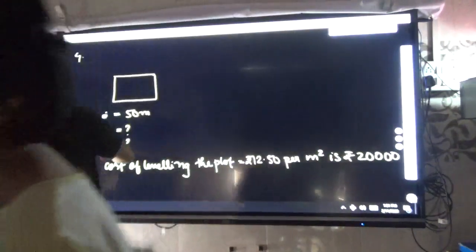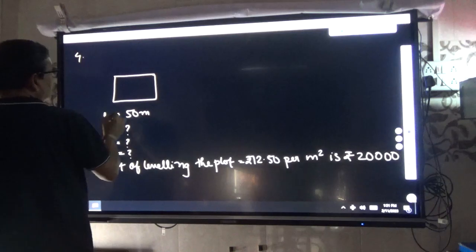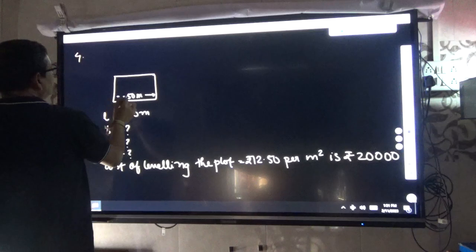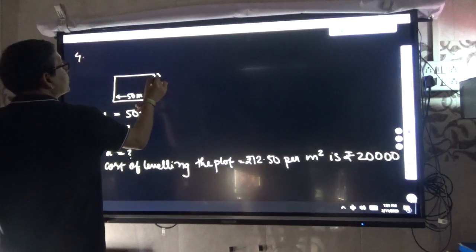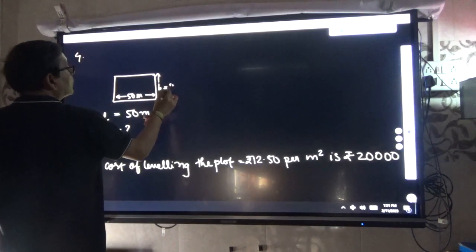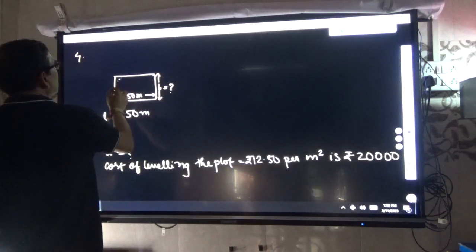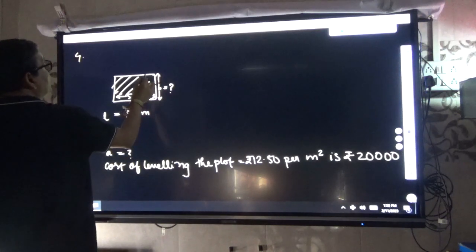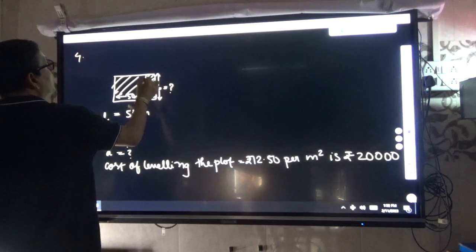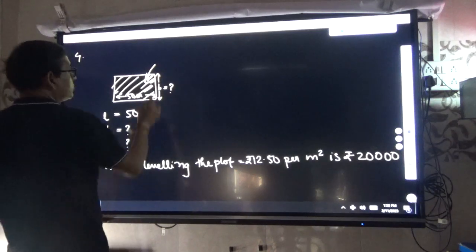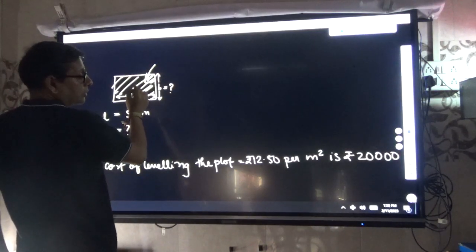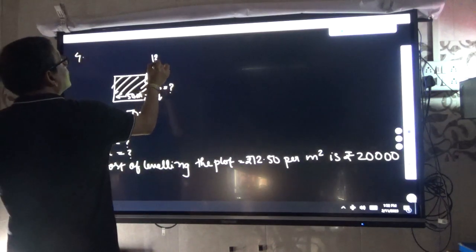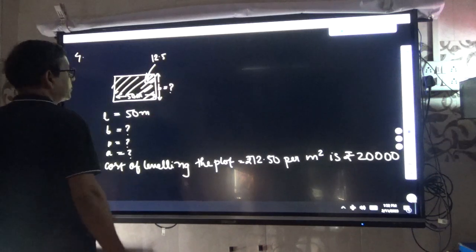So this is the length of this plot. It is 50 meters. This we want to find out. But we know the entire area; per square meter plotting cost is given, 12.5 rupees.